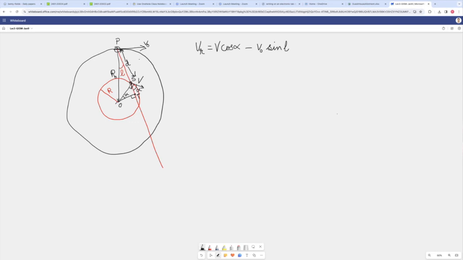And let's put vector signs. So this is r0, this is d, and this is the r vector, joining O and the position of the emitter.